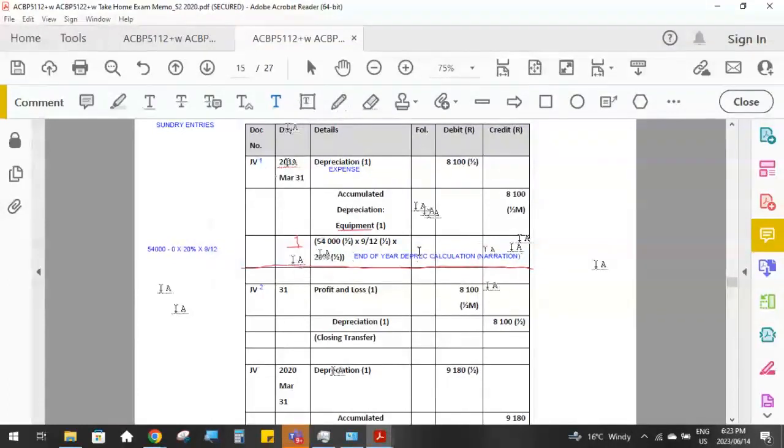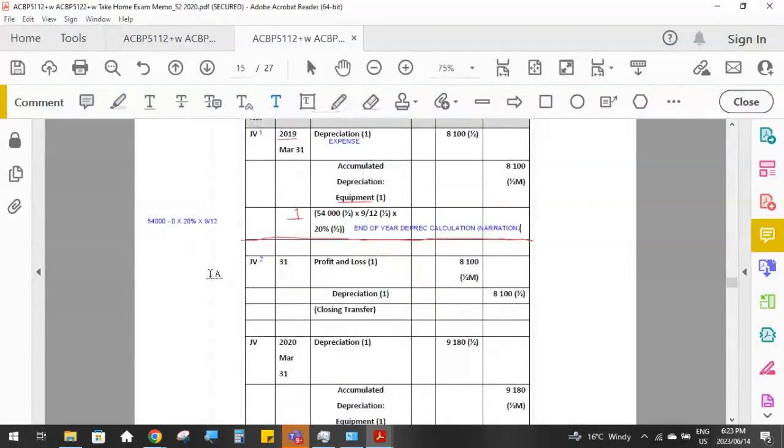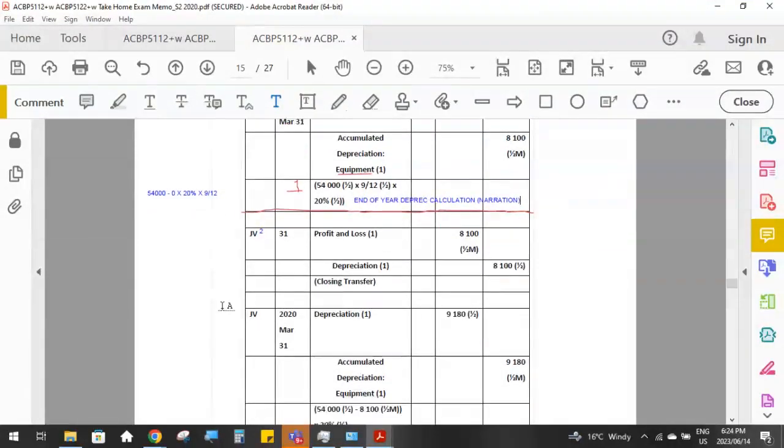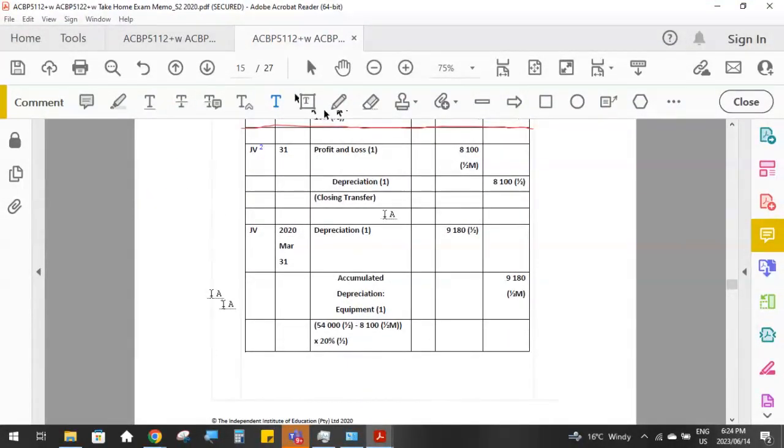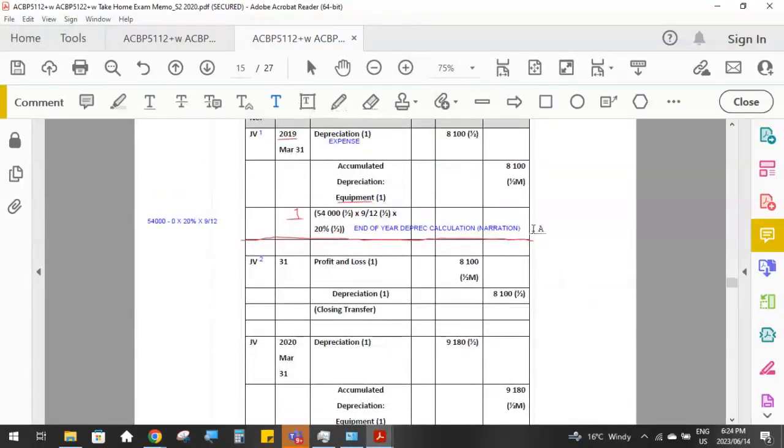So that was for March 2019. They also said they want the closing entries. So our closing entries are, we take all the values in all of our expense accounts and we close them off to the profit and loss account. So depreciation had a debit of 8,100.